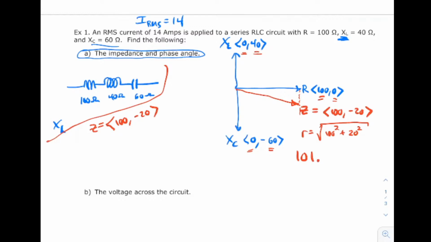I'm going to go with 6 sig figs, 101.980. We don't usually need 6 sig figs, but you'll see why I'm doing this in a little bit. So that's the impedance in ohms, 101.98 ohms.